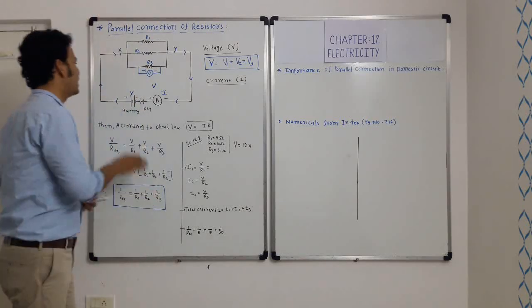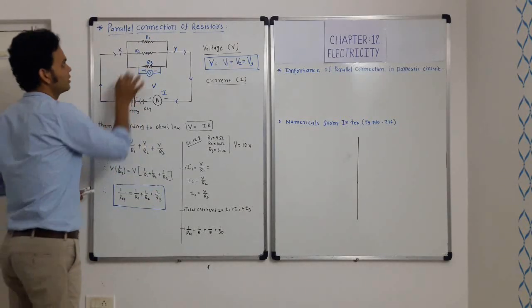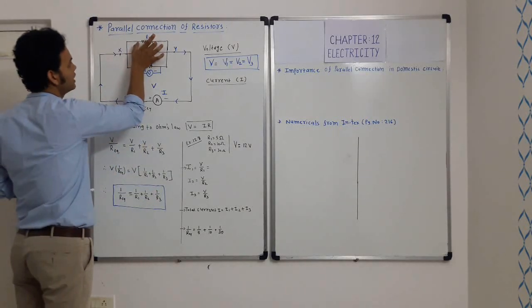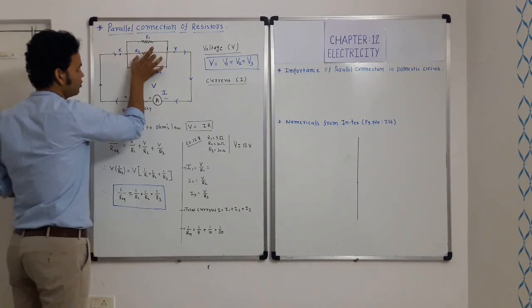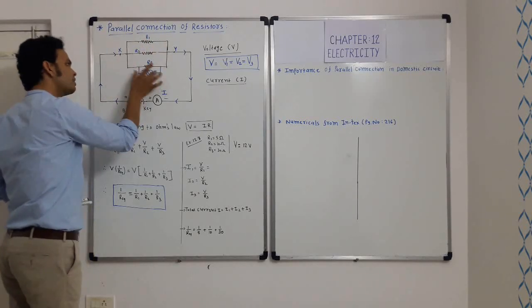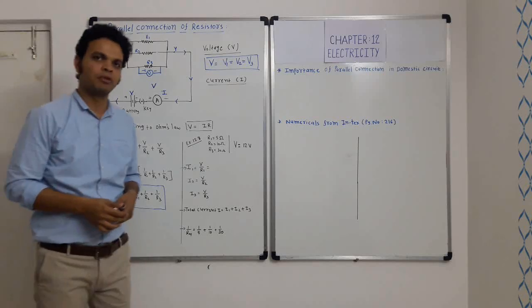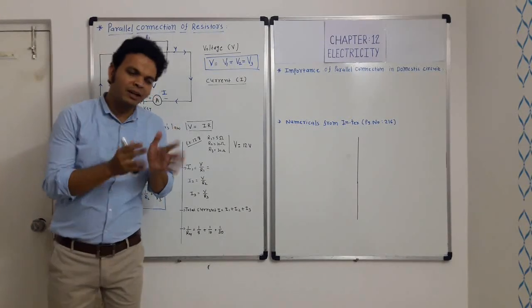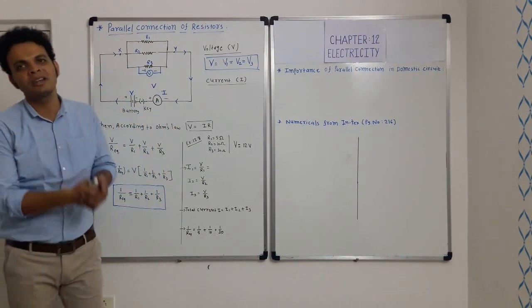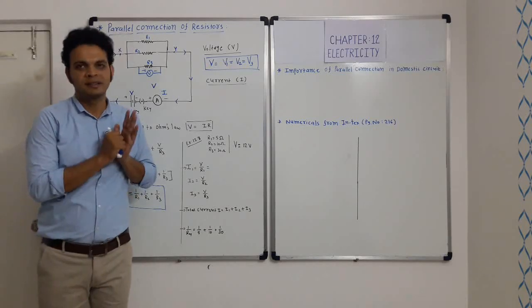If the battery voltage is 9 volt, across R1 I am also getting 9 volt, across R2 I am getting 9 volt, and across R3 also 9 volt. So we can conclude that in parallel connection voltage does not change.